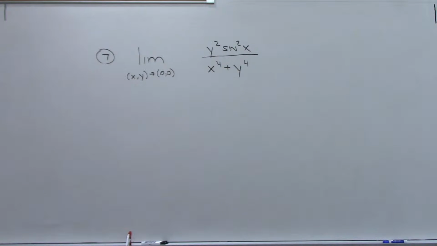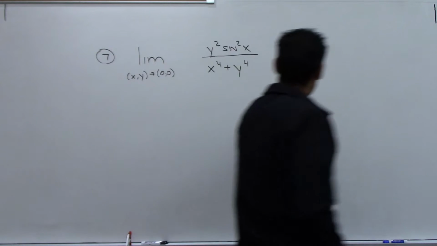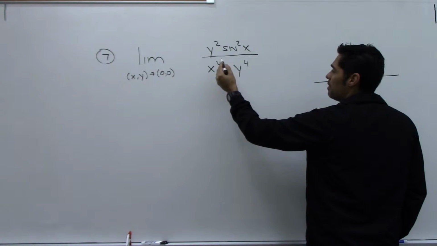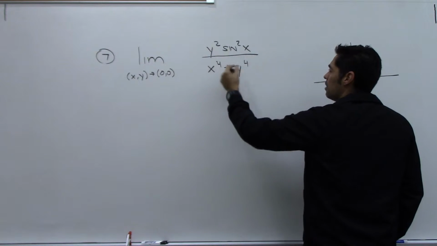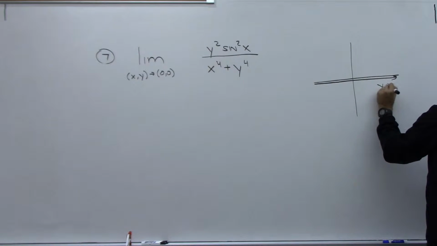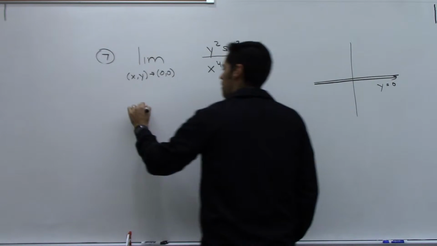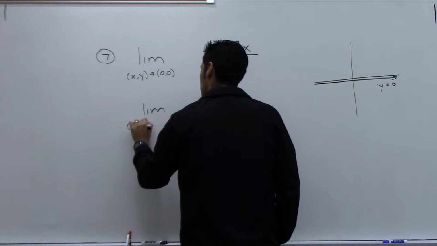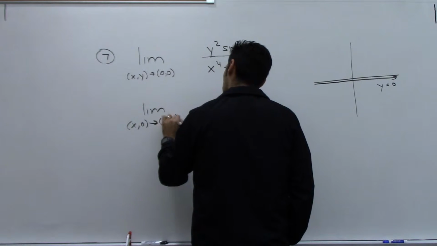Yep, okay, so let's try again. Let's go along the x-axis, I like that. What I see here is that if I do that, I should get just 0. Let's see. Along here, y equals 0, then we're doing the limit as (x, 0) approaches (0, 0).